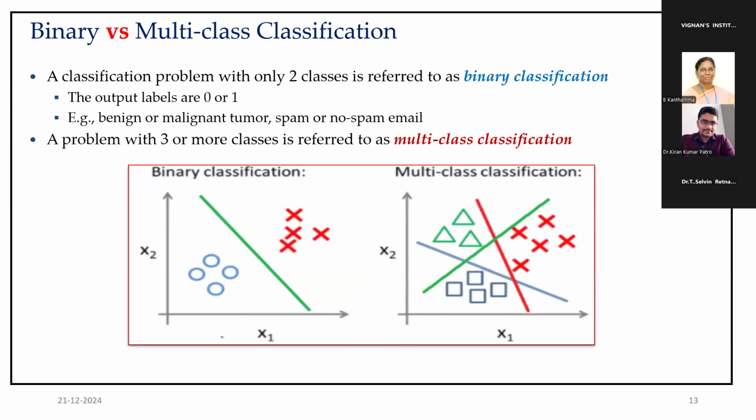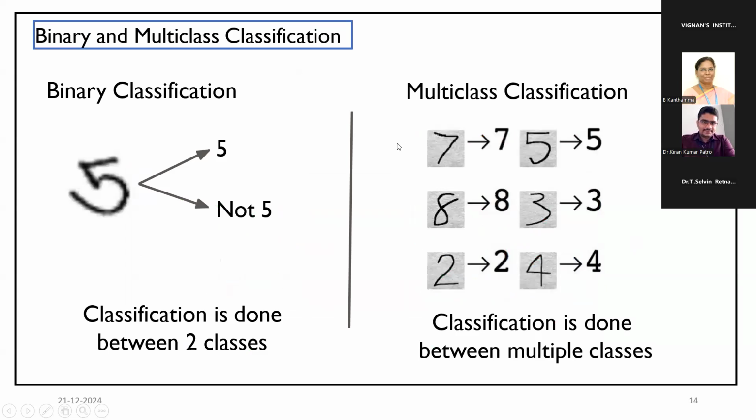If you classify more than 2 class labels, then it is called multi-class classification. If you observe these figures, one is categorizing only 2 different labels, while here it is categorizing a larger number of classes. So this is multi-class classification.